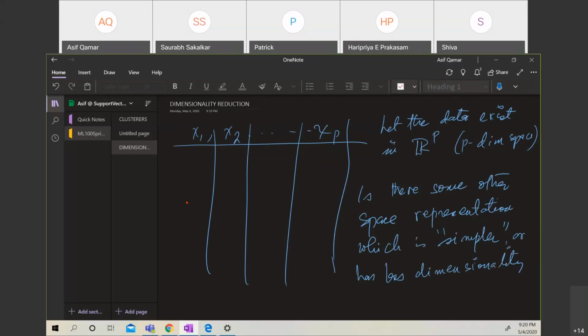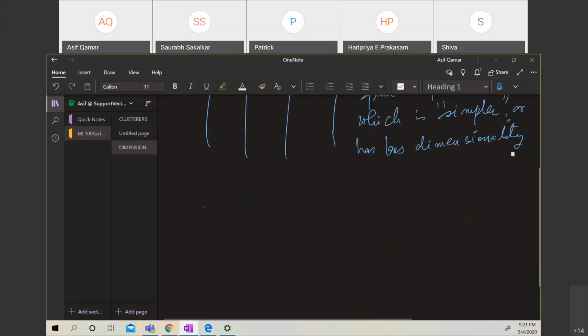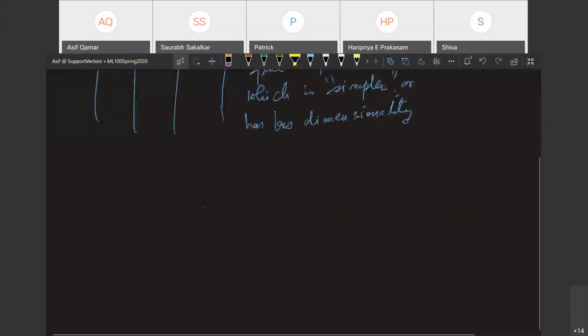But I'm going to explain this to you geometrically. See, imagine that you have data, once again, going back to the classic examples that we have been taking. Suppose you have data as this, a classic example of data that we keep taking all the time.